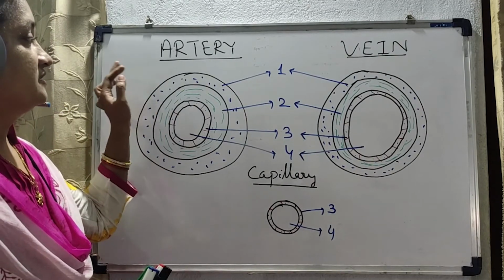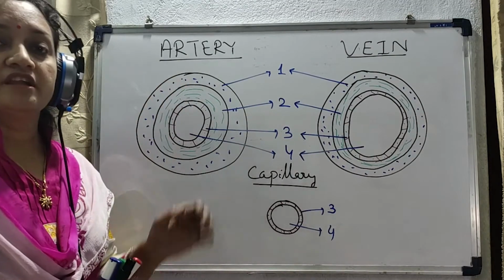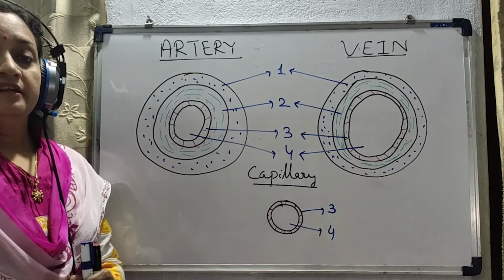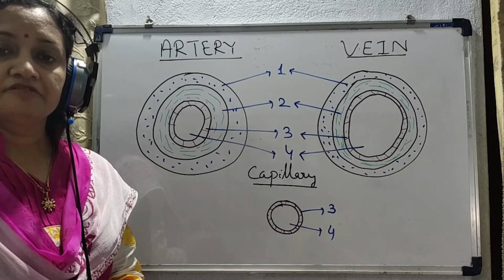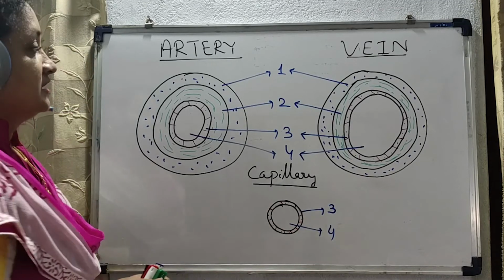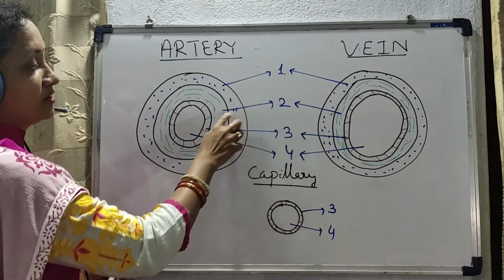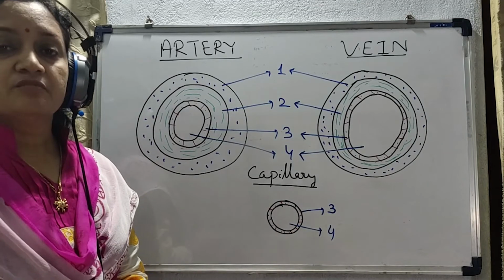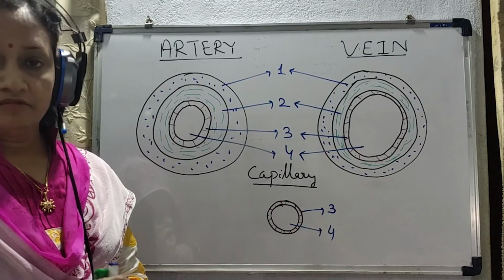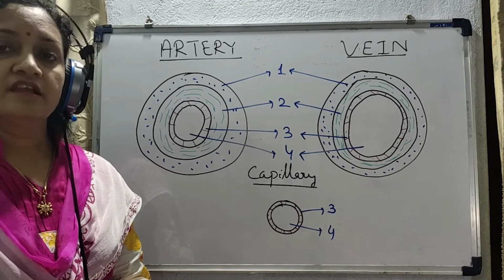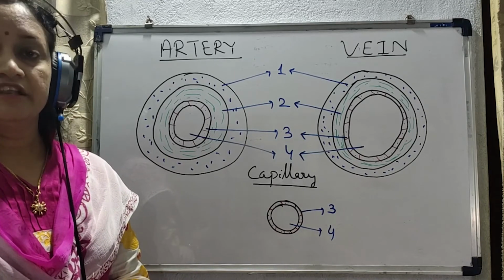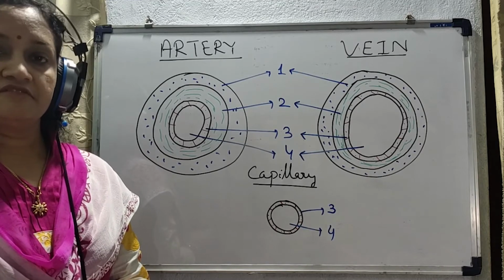The outermost layer is called tunica externa, and it is also known as tunica adventitia. It is made up of connective tissue. Then the middle layer, number 2, is composed of two types of tissues. One type is muscular tissue, that means smooth muscles, and another type is connective tissue, that means elastic fibers.